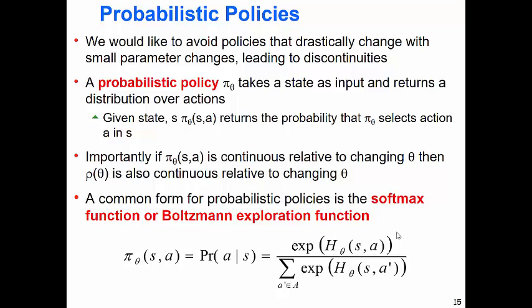If you're familiar with softmax from neural networks, this will give you a score for every action, and the scores sum to 1, so that's a probability distribution. The nice thing about that is that a tiny change to the parameters makes a tiny change to the probabilities.